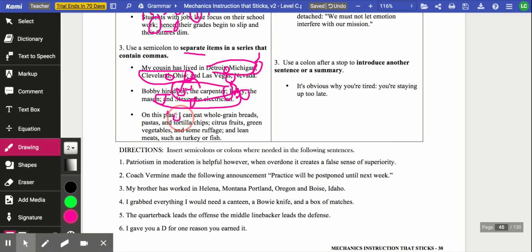On this plan, ooh, nice comma opener, I can eat whole grain breads, pastas, and tortilla chips; so all of those items sort of belong together, right? They're all carbs. Citrus fruits, green vegetables, and some roughage; so there are all of the fruits and vegetables; and lean meats, such as turkey or fish. So they're keeping similar items together in the list, but separating those categories with semicolons.